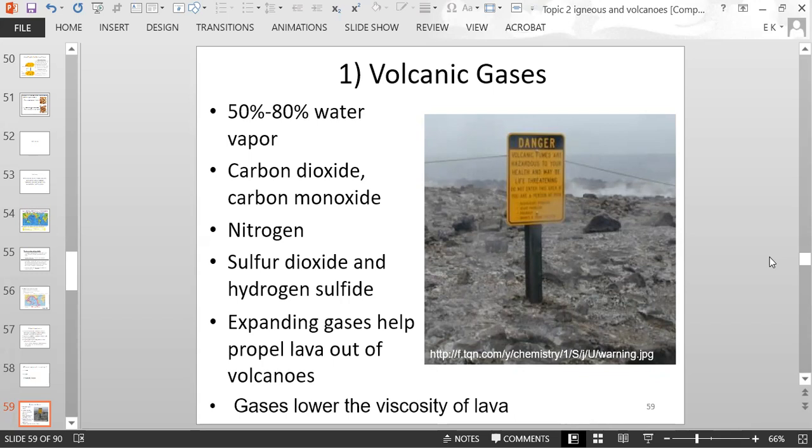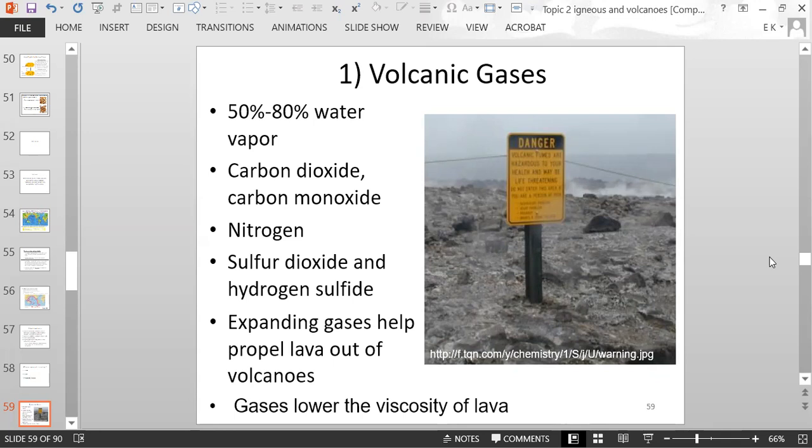Now, expanding gases can also help propel lava out of volcanoes, similar to how if you were to open a bottle of soda after shaking it, the gases are going to expand pretty quickly when you open that bottle. And the quick expansion of the gases will cause quite a bit of the soda to squirt out of the bottle as well.